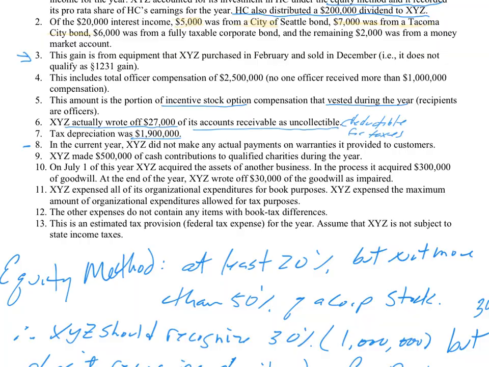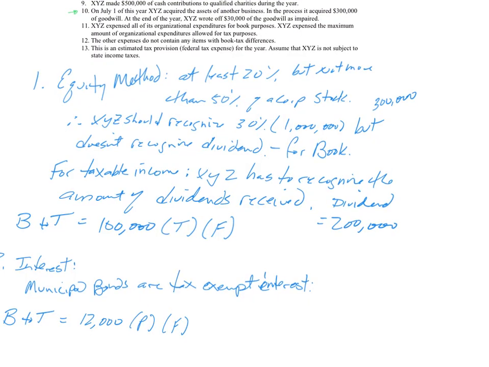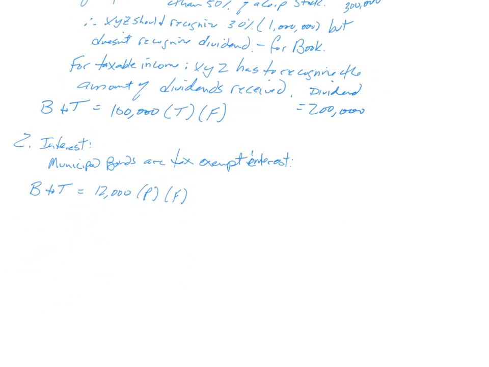So let's look at note number 10 related to goodwill. All right, so on July 1st of this year, they acquired the assets of another business, and in the process, it acquired $300,000 of goodwill. At the end of the year, they wrote off $30,000 of goodwill as impaired. Okay, so let's come down here a little further.